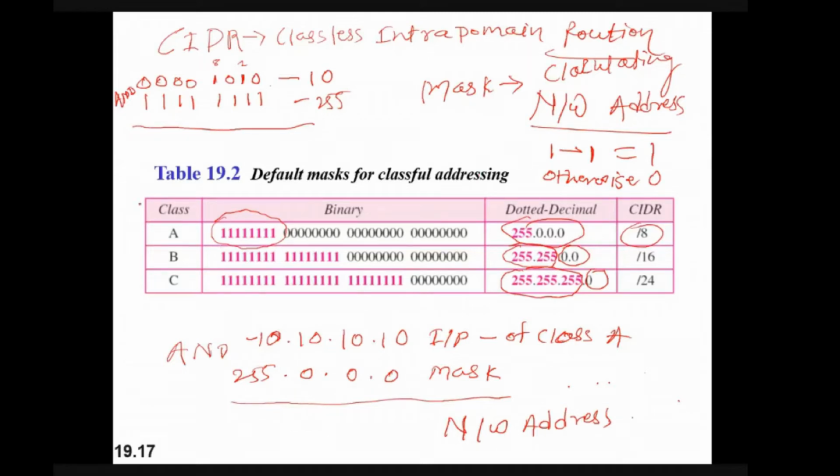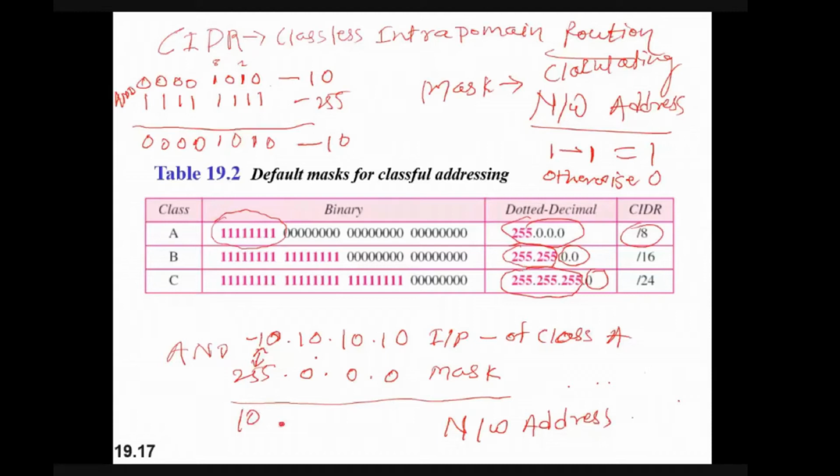So 0 and 1 will be 0, 1 and 1 will be 1, 0 and 1 will be 0, and so on. So the result is 10. This 10 we have ANDed with 255 and the result we have got is 10.